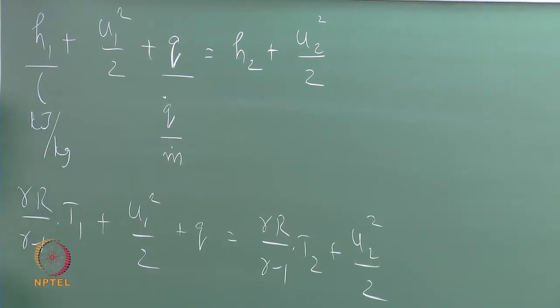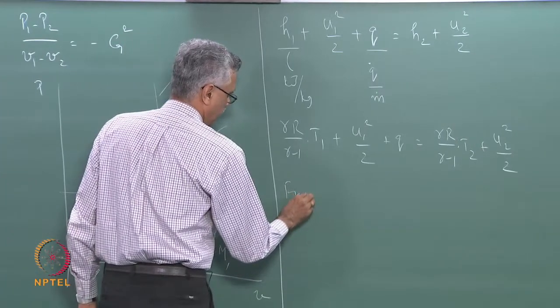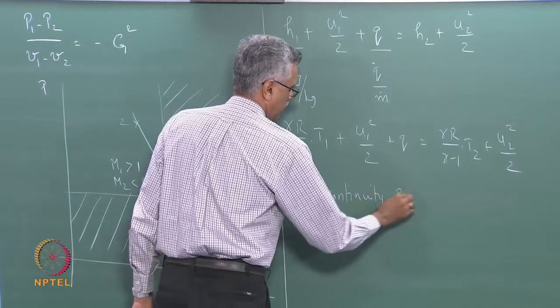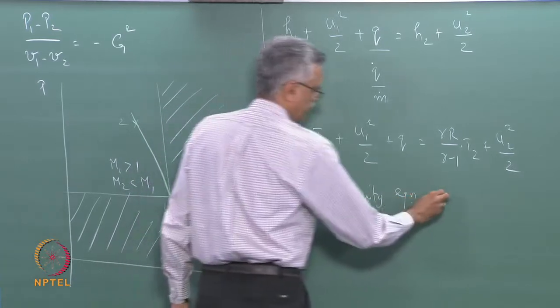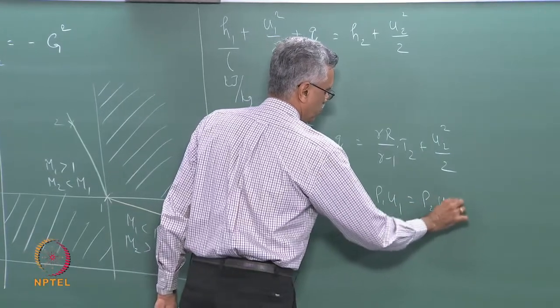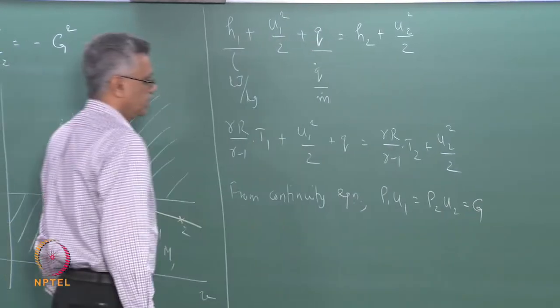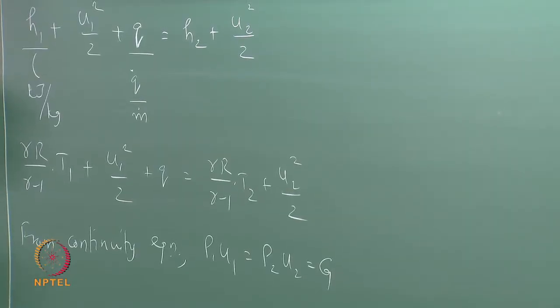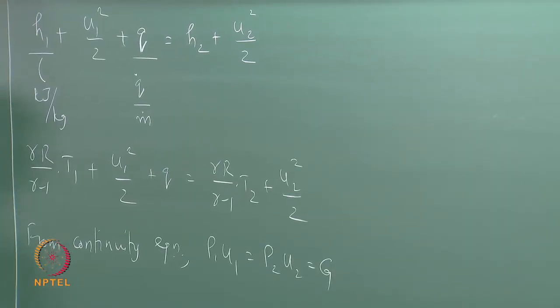And from continuity equation, we know that rho 1 U1 is equal to rho 2 U2 is equal to G. So, I can substitute for U from here. If I do that, then I get the following.